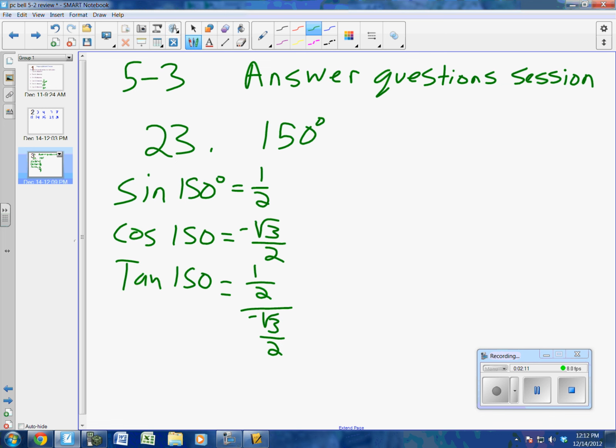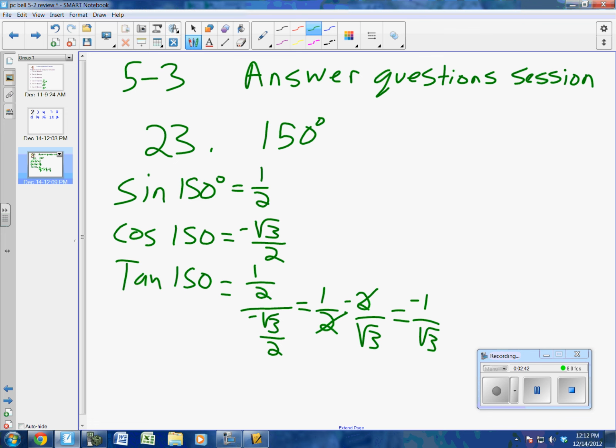How do I go about simplifying that? What do I do to simplify that? Say that again, Sadie. Times 1/2, the top fraction, by the reciprocal, which is negative 2 over the square root of 3, right? Okay, so 2's cancel out. 1 times negative 1 is negative 1, and 1 times square root of 3 is square root 3.